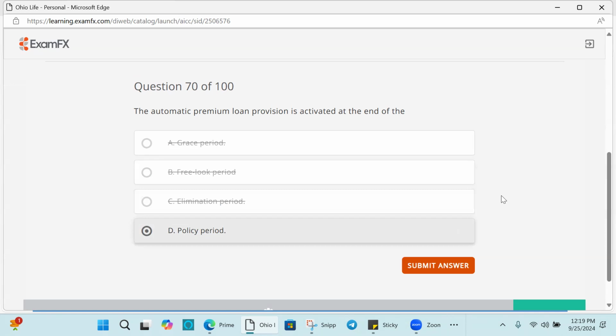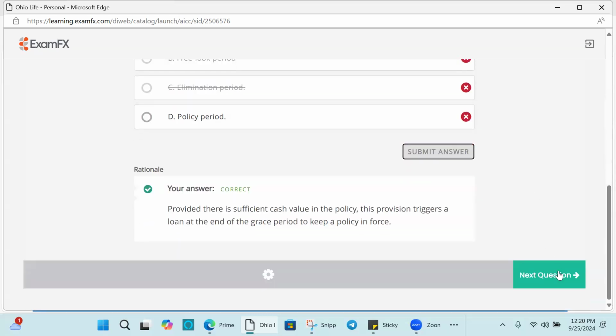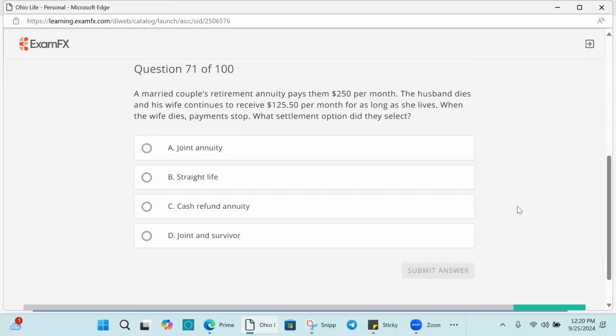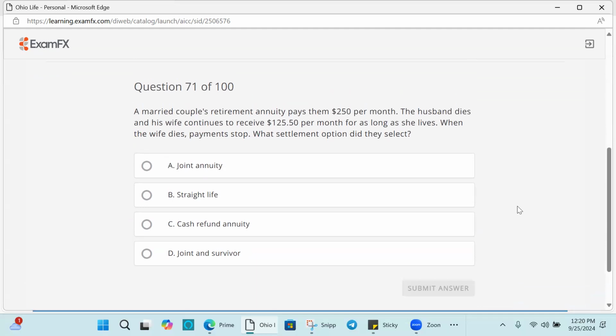That's what I was looking for. There's no such thing as a minimum non-lapse guarantee. So it's activated at the end of the grace period. If you don't pay your premium, they give you a few more days, and if they don't get the payment in those days, they take that money from the cash value.